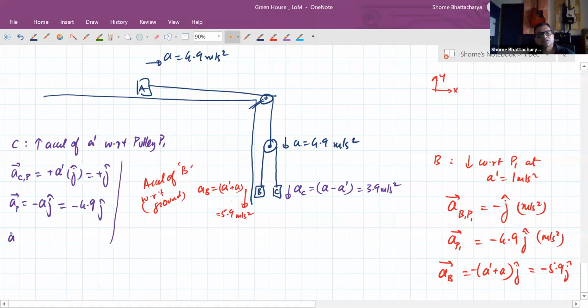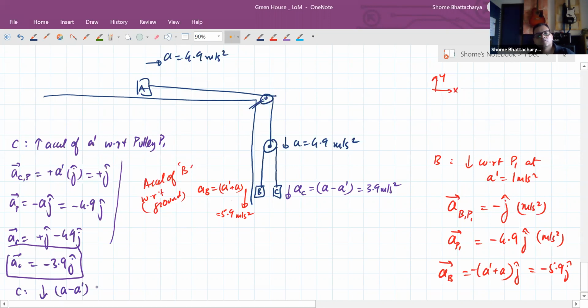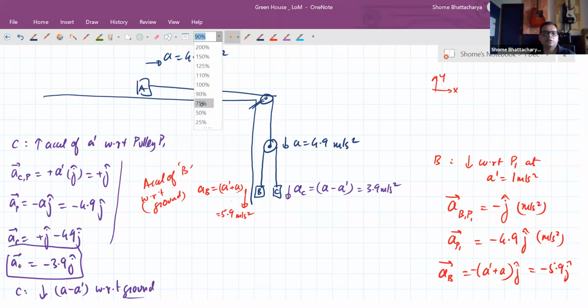So the acceleration of C in the ground frame becomes plus j cap minus 4.9 j cap, or minus 3.9 j cap. So the block C has a downward acceleration of A minus A prime with respect to ground. This is a very important concept to understand and apply over here.